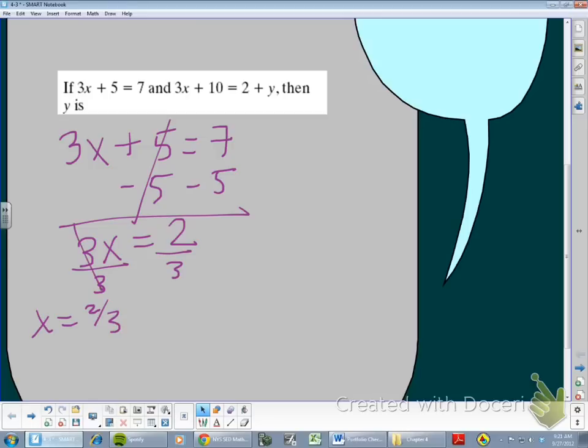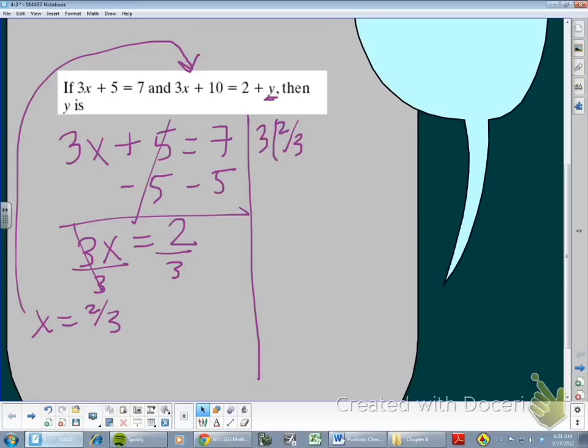Then I'd put that back into the equation right here and try to solve it for y. If we know what x is, then y is the only variable left in this equation. So we'd have 3 times 2/3 plus 10 must equal 2 plus y.